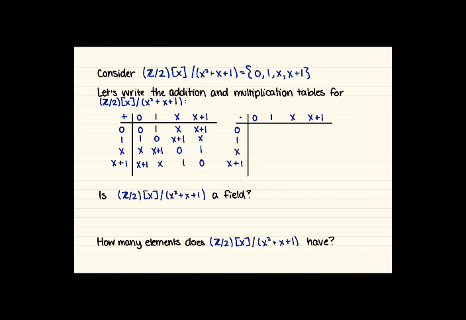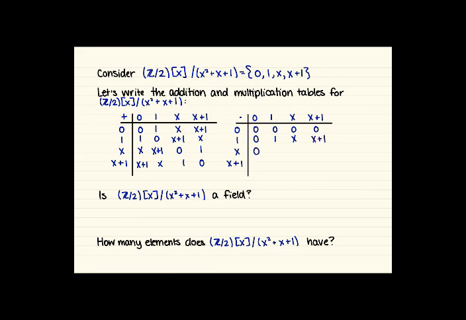Alright, so now for the multiplication table, once again 0 times anything is going to be 0 here, so I can fill in that first row. Then 1 times anything is going to be that anything, so we've got that second row there.